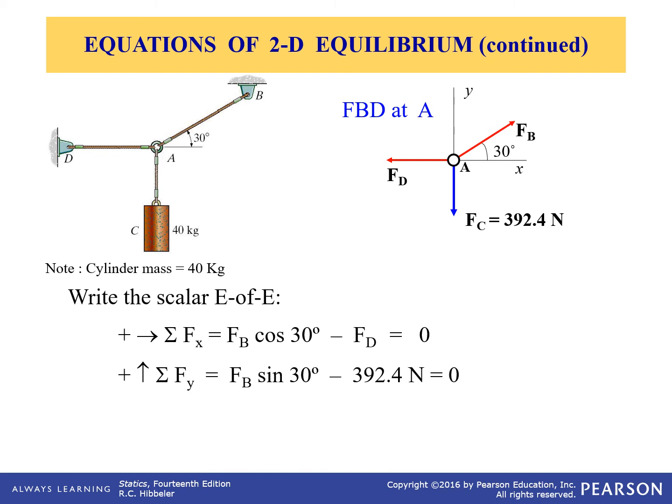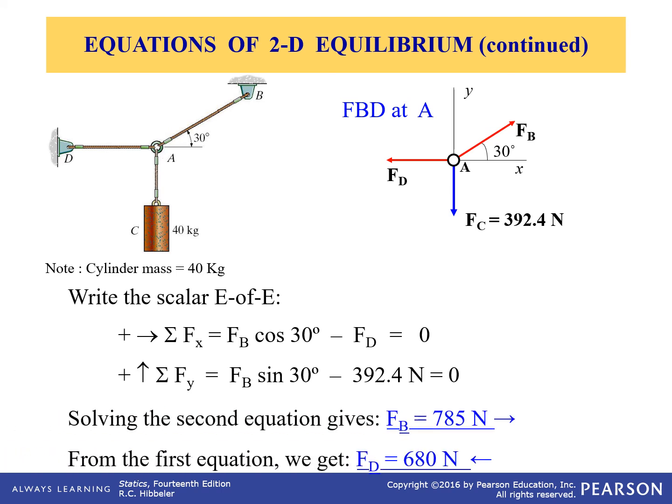We've got the weight pulling down, negative direction, and we have a Y piece of AB pulling up in this particular case. Those are the two equations. You could use those to solve for the two forces, and we get that the force between A and B, FB, is 785 newtons, and FD is 680 newtons.